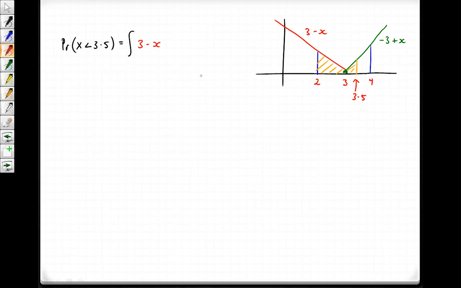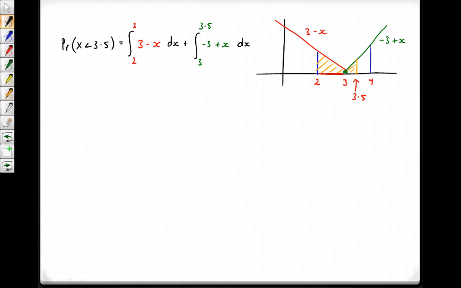So the red bit goes from 2 to 3, so this bit of our domain here, dx, and we add on to that the integral of, we'll do it in green, of minus 3 plus x between 3 and 3.5, and again dx, we can't forget those.